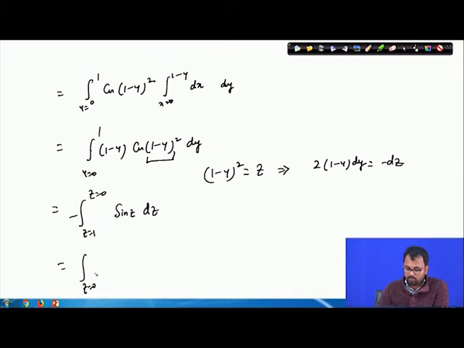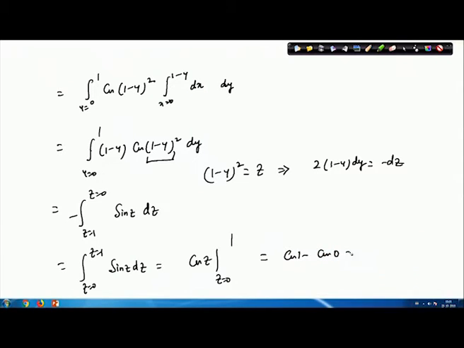So the integral of sin z dz from 0 to 1, and then this will be cos z running from 0 to 1, it will be cos 1 minus cos 0. So basically 1 minus cos of 1.